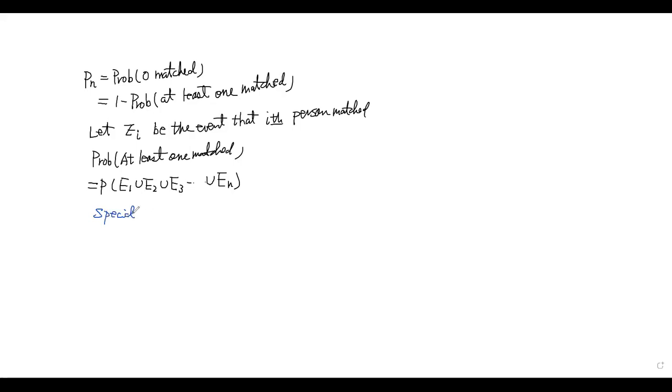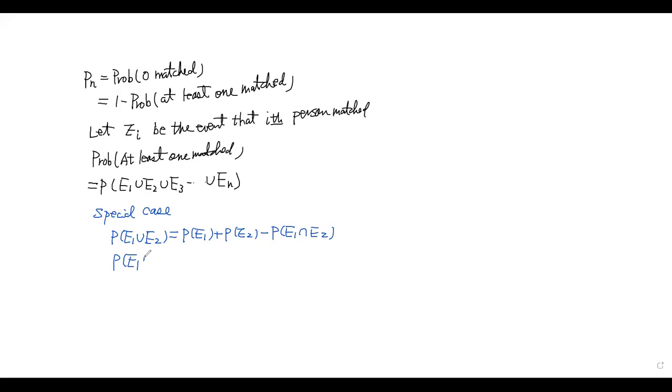For example, if I have E1 union E2, I can write this as P(E1) plus P(E2), then minus P(E1 intersect E2), right? From the Venn diagram, we can do that. Let's take a look at another one.